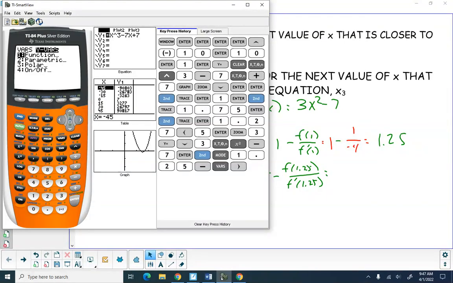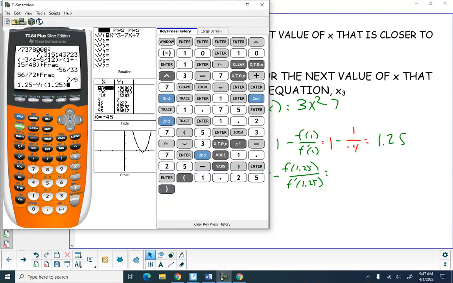Go to your y variables, hit your right arrow. What we have here is function, parametric, polar, on, off. We want this right here. This gives me y1, y2, y3. Hit y1, hit enter. Now your calculator will allow you to put a parenthesis, 1.25. This will evaluate your y1 function at 1.25.